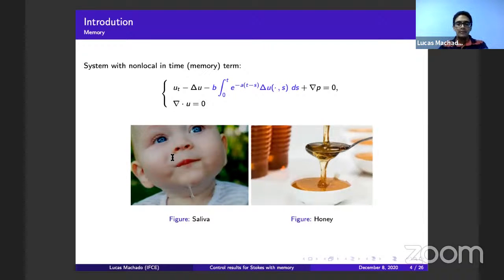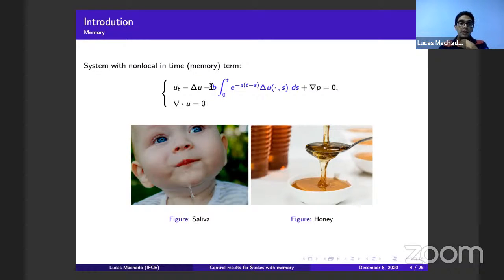Introduction. Well, we will work with these systems, where u represents the velocity of the fluid and p is the pressure. We call these the Stokes equations with memory because if B is equal to 0, we have the well-known Stokes equations.